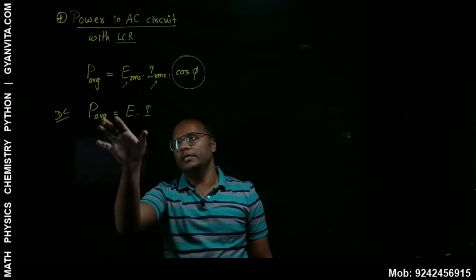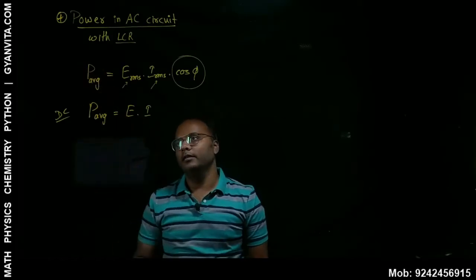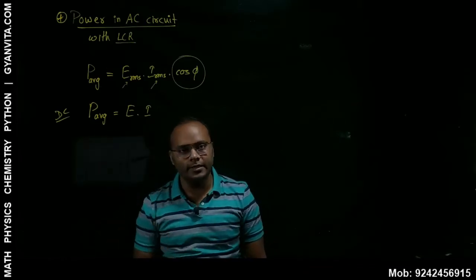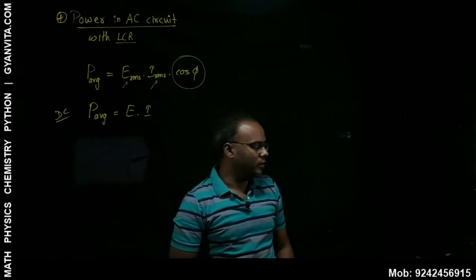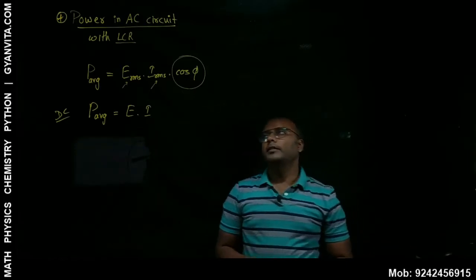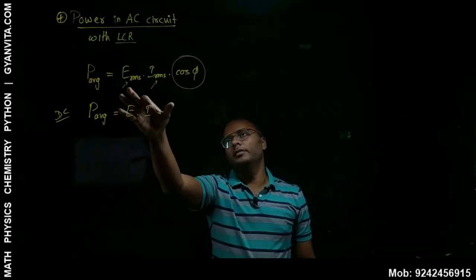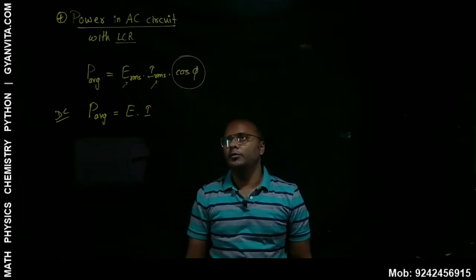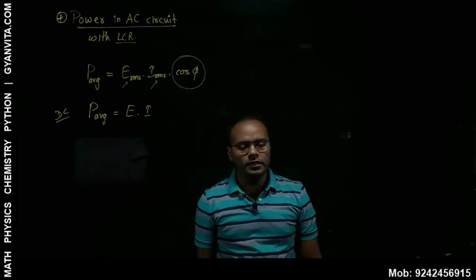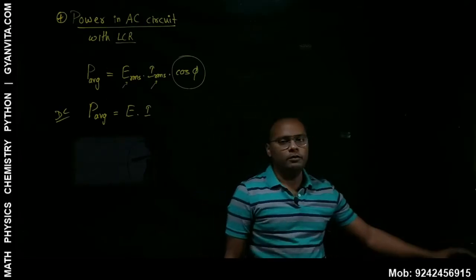That means the average power in an AC circuit will be less than the average power of a DC circuit of equivalent current. If the same current passes in a DC circuit, the power will be EI, and here it will be EI cos phi, where E and I are the RMS values. So it will always be less than the DC counterpart. This is something which we have already seen.